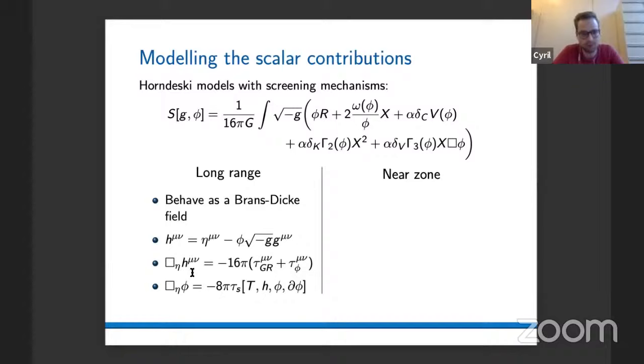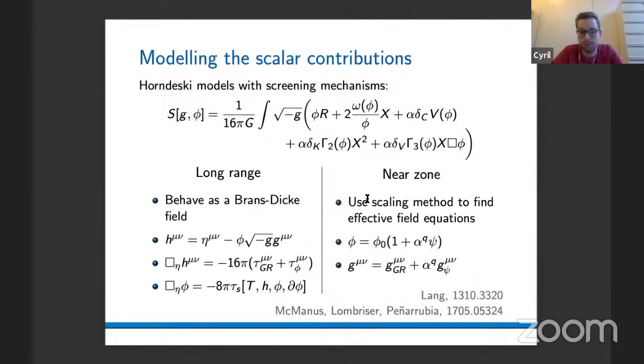The wave equation for the gravitational field would look like this, where you have the same effective stress-energy tensor as in general relativity, and you have an extra term that includes the gravitational field and the scalar field inside. And the scalar field also has a wave equation, with an effective stress-energy tensor that depends on matter, the gravitational field, and the scalar field itself.